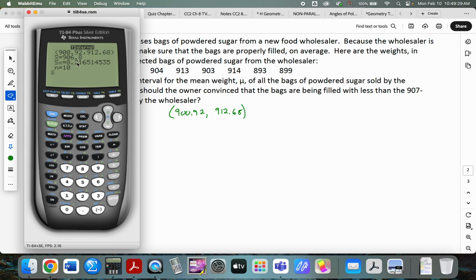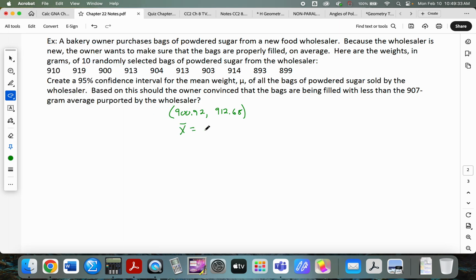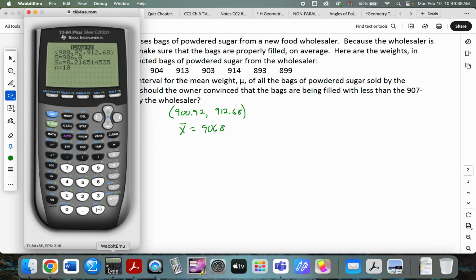So the average was 906.8. And this is our standard error, 8.2165, and so on.